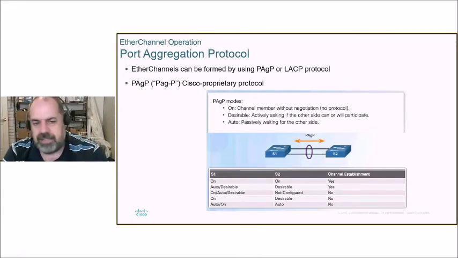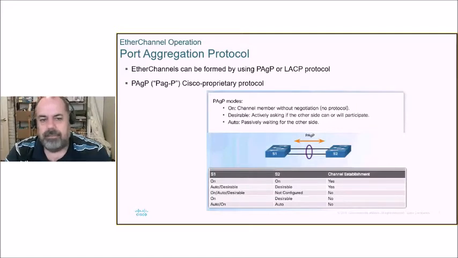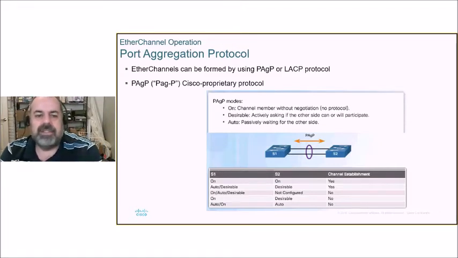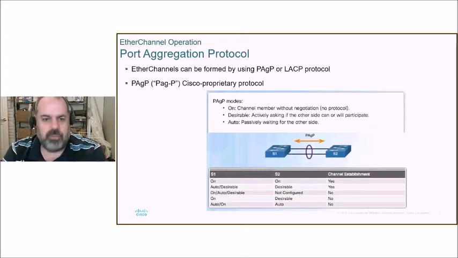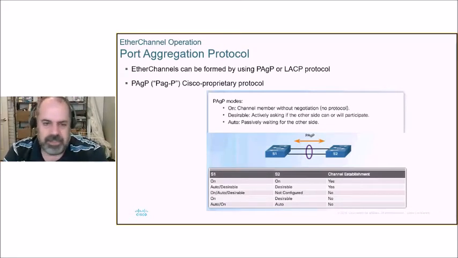On makes it a channel member all the time. There's no negotiation involved. Then there's desirable or auto. With desirable, it wants that to be an EtherChannel, while with auto, if the other end wants it to be, I'll be good with it, but otherwise I don't particularly want it.